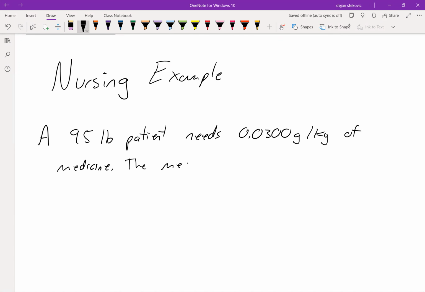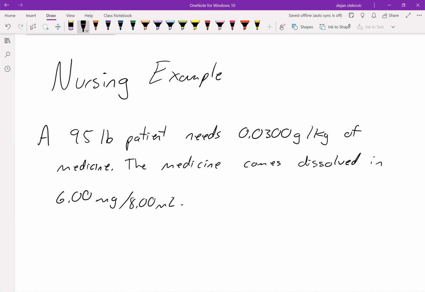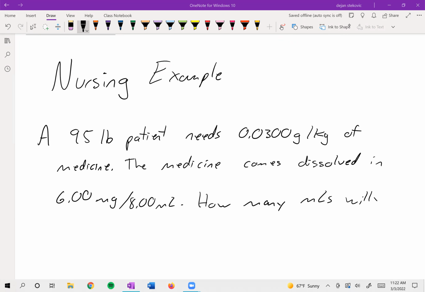The medicine comes dissolved in 6.00 milligrams per 8.00 milliliters of some kind of solution. How many milliliters will you give?